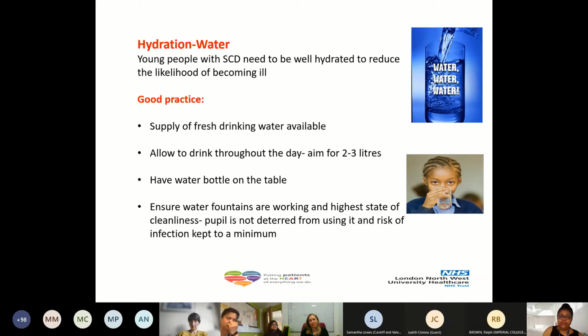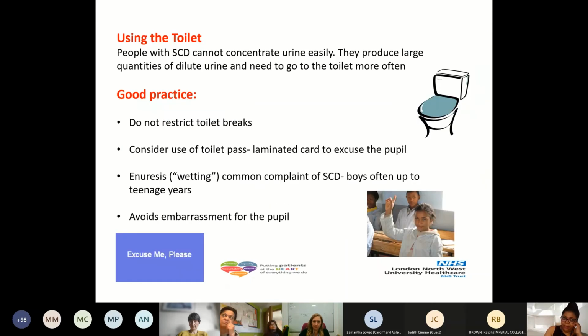As I said, 2 to 3 litres per day, and ensure that they aren't restricted from drinking fluids. If they drink a lot, they're going to need a toilet pass to go to the toilets, to avoid them being embarrassed and having to put their hand up all the time to go to the toilet.